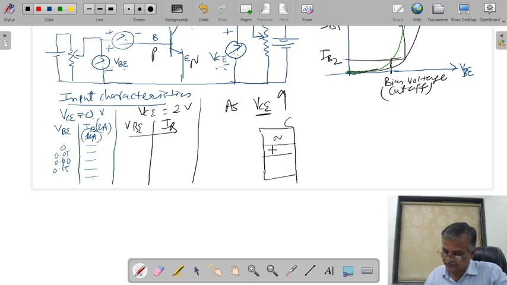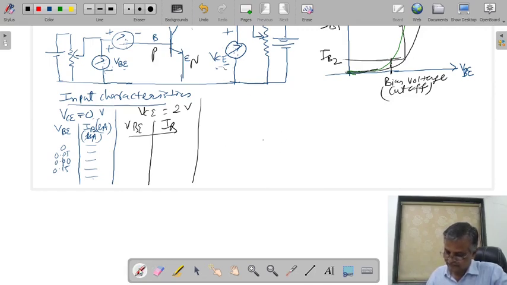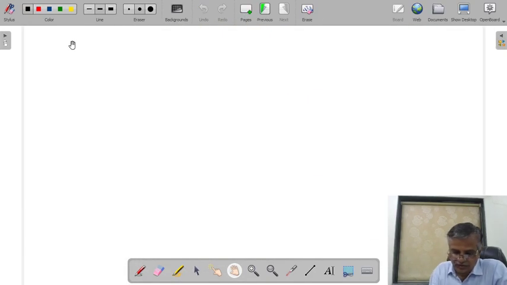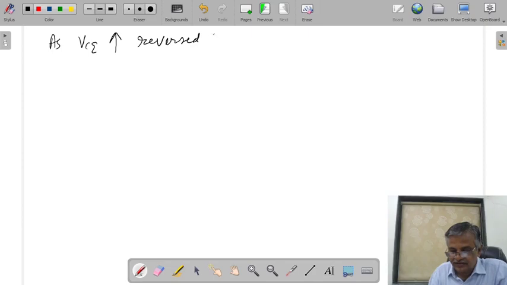collector, base. Look here. As VC increases, then reverse bias voltage at collector increases.